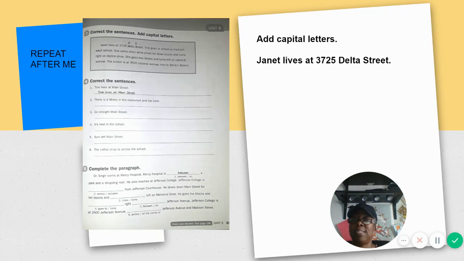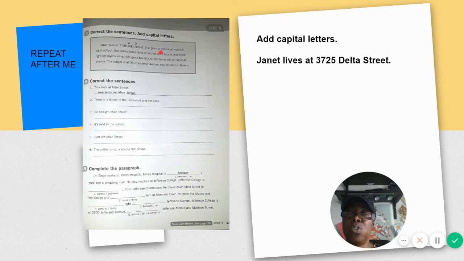You just get to practice it more. So now let's read the whole thing together. I will be going slowly, but I won't pause. I'm going to just read normally. So read with me. Janet lives at 3725 Delta Street.